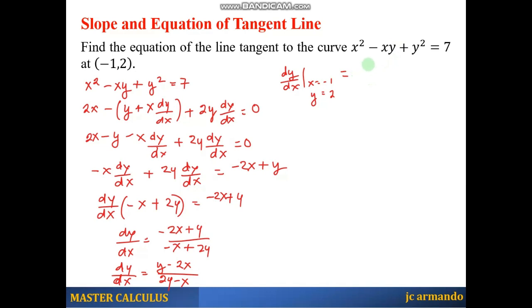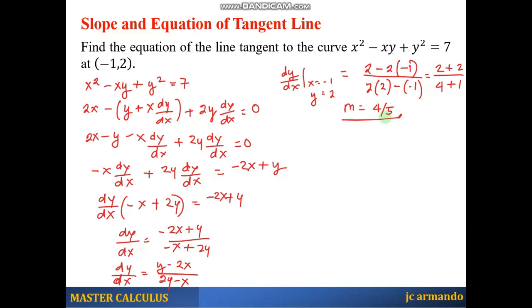Anong y natin? 2 minus 2 times x, negative 1, divided by 2y, 2 times 2 minus negative 1. So, 2, negative 2 times negative 1, positive 2. 2 times 2, 4. Negative 1 times negative 1, positive 1. Therefore, the slope is just equal to 4 over 5. Okay? 4/5 yung ating slope.